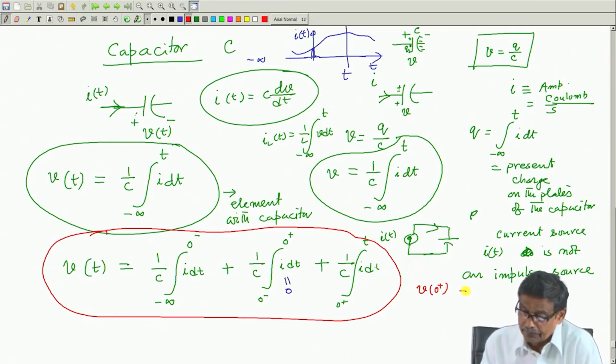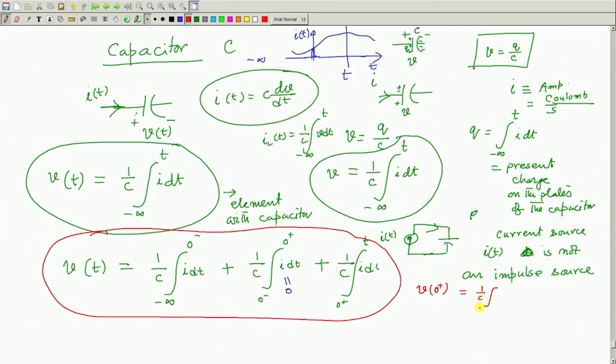So, this will have only these two pieces: 1 by C integral from minus infinity to 0 minus of I dt, plus 1 by C integral from 0 minus to 0 plus of I dt. Is not t equal to 0 plus? So, this term will vanish. I have reached 0 plus, I will stop here.